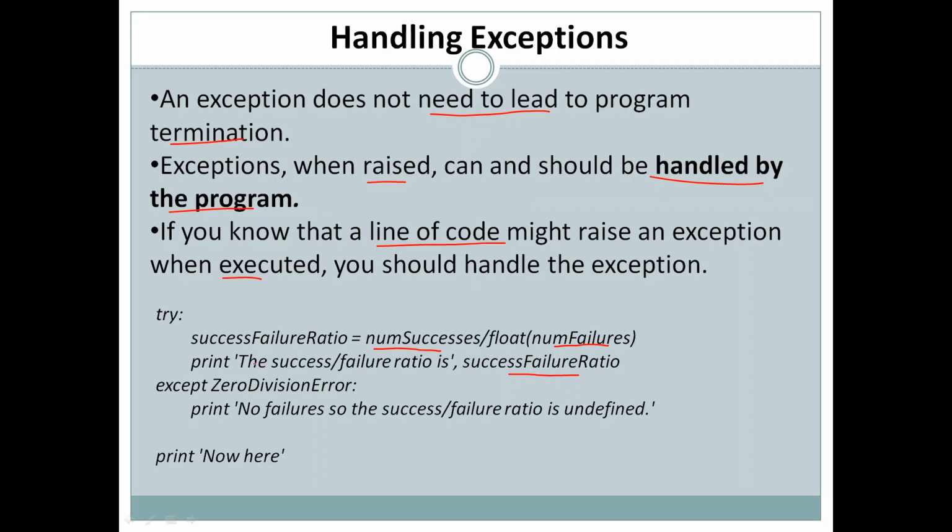If this code has been included without the try and except block, these two lines will execute most of the time without any problem, but it will fail if the variable number of failures happens to be 0.